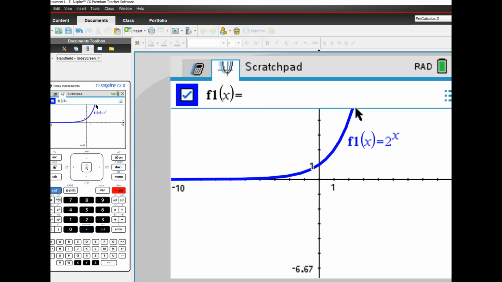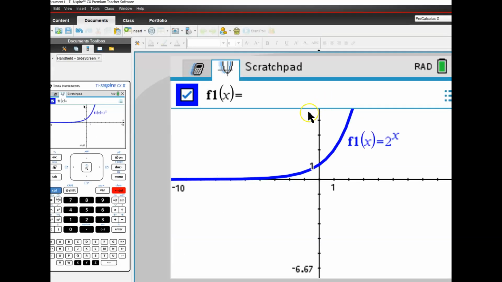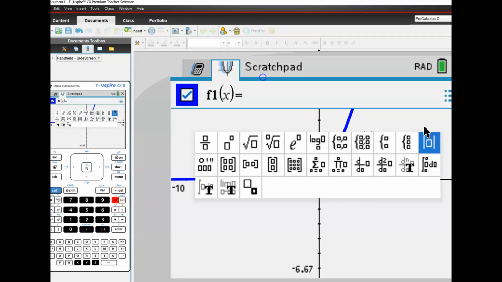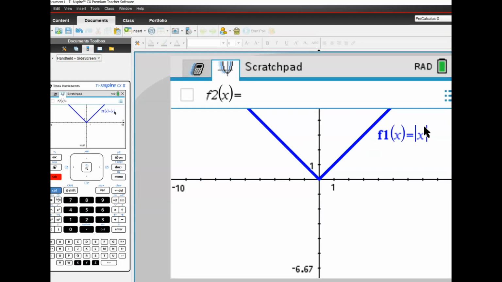Okay. 100%. So what I want to graph, I want to graph absolute value of x and negative absolute value of x on the same graph. So I'm going to draw absolute value of x, and I need to do negative absolute value of x.